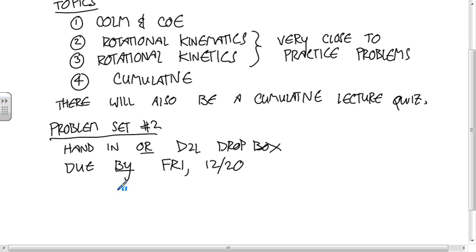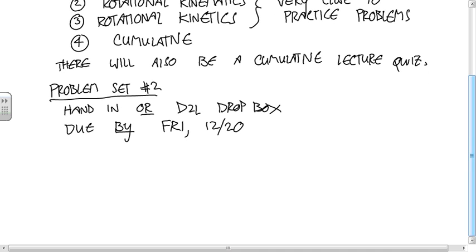So if you don't get it in by Friday, 12/20, then the best I can do for you is give you an incomplete and then change your grade when you get it in. So that's an important day. Any questions about the problem set?